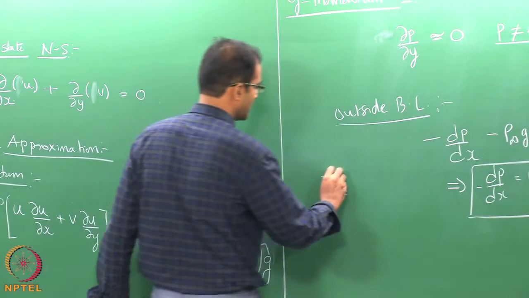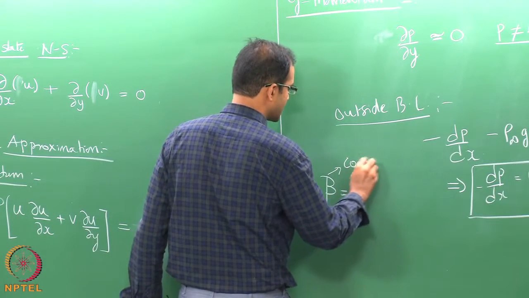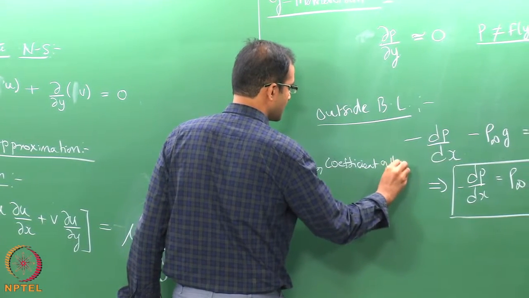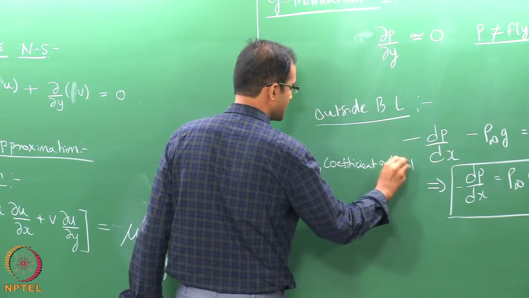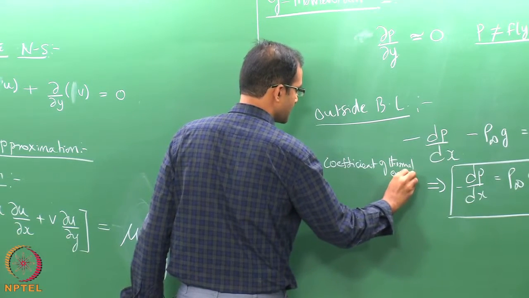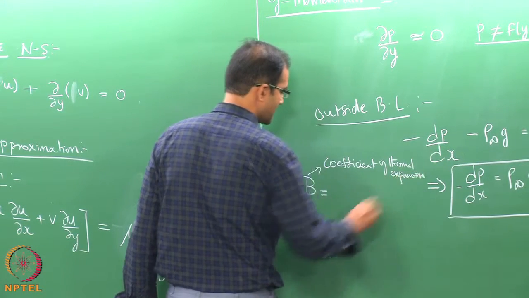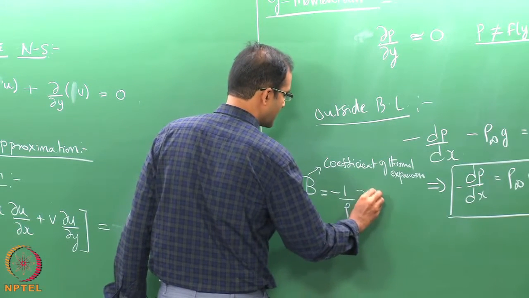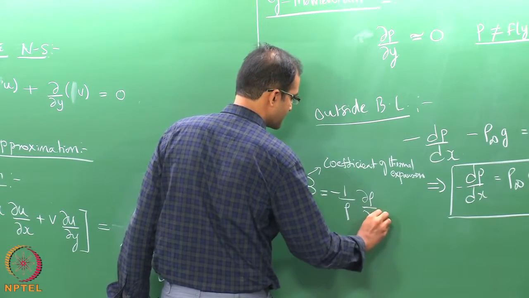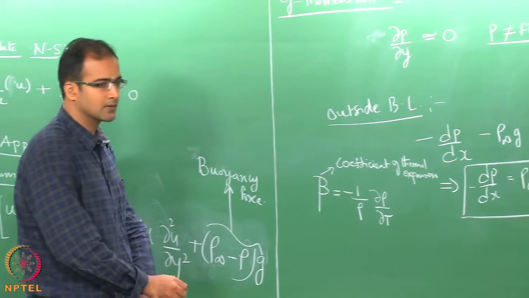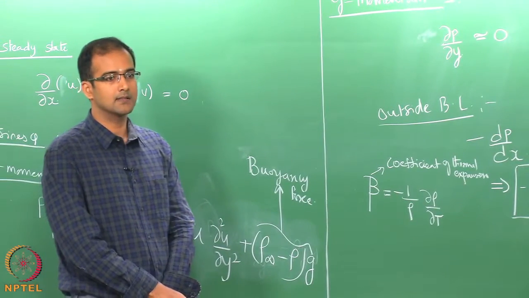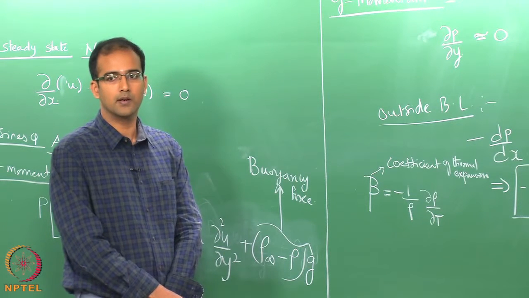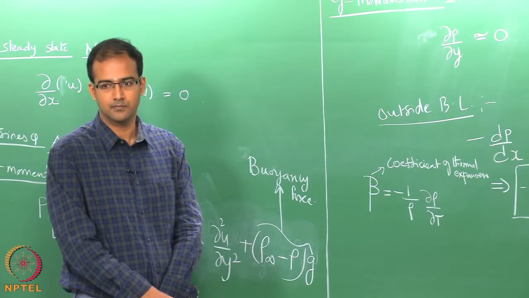So, beta is the coefficient of thermal expansion. This is written as minus 1 by rho d rho by dT. What it simply measures is the variation of density of a particular fluid with respect to temperature.